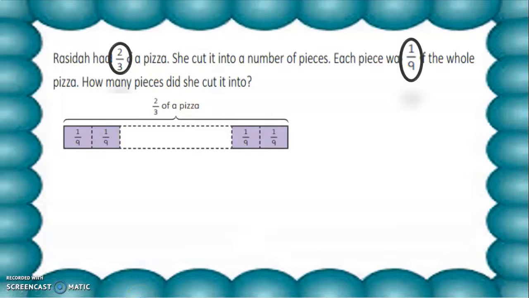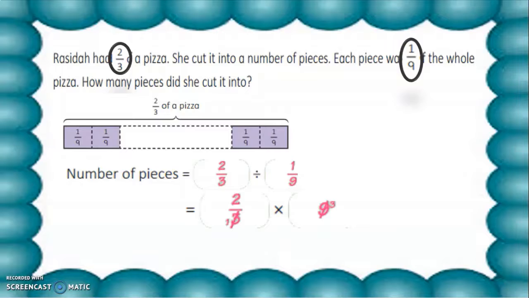What operation are we going to use? Very good. We're going to divide. 2/3 divided by 1/9. What is the rule again to divide fractions? Multiply by the reciprocal. So 2/3 times 9. 9 is the reciprocal of 1/9.